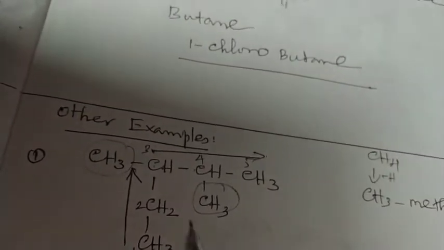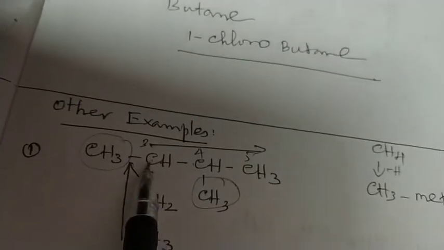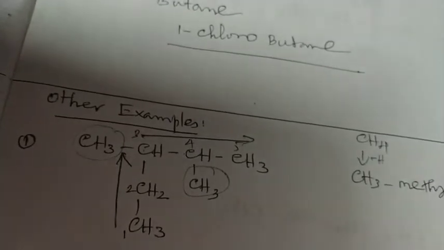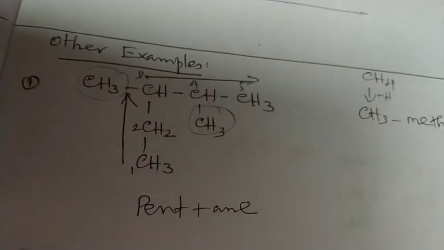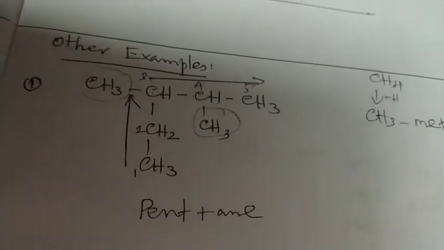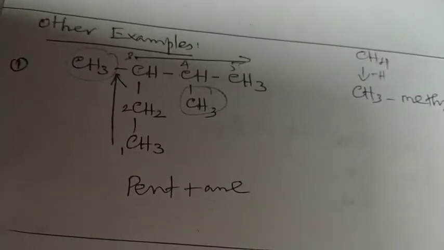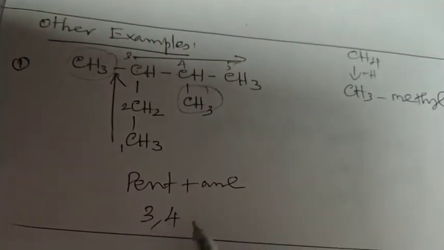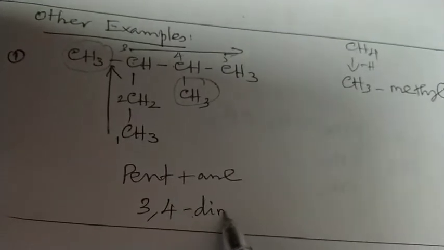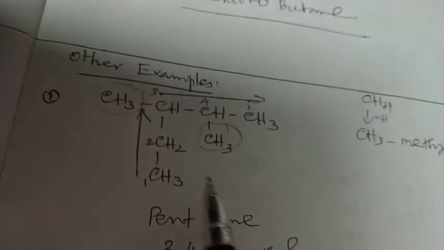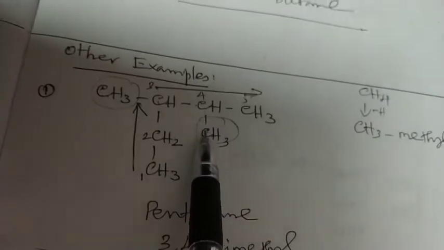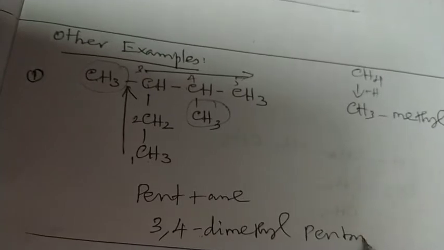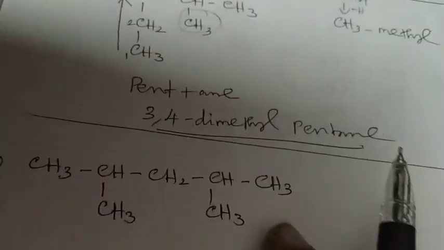One methyl group on the third carbon, one more methyl on the fourth carbon. So 2 methyl, the same substituent, so we can write dimethyl, 3,4 dimethyl pentane. This is the name of the compound.